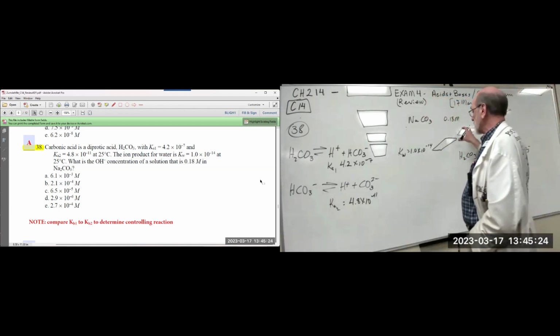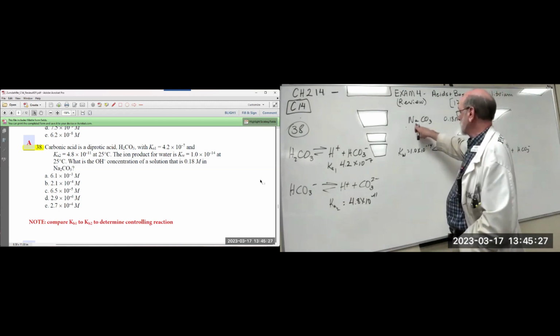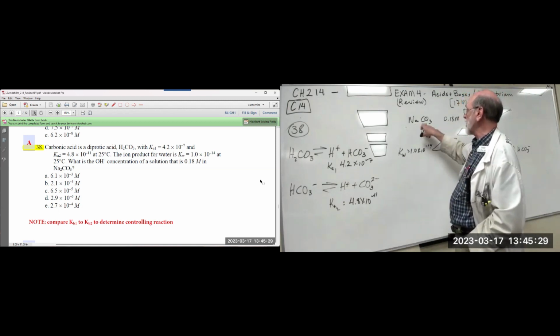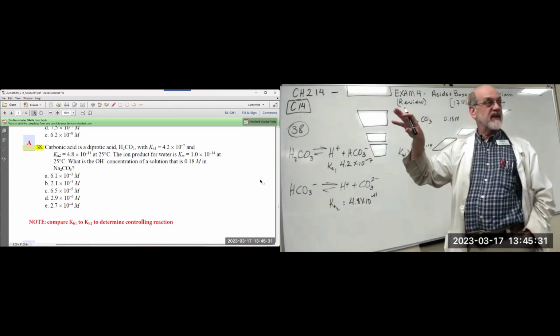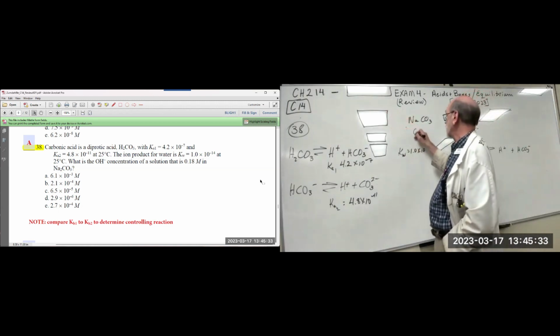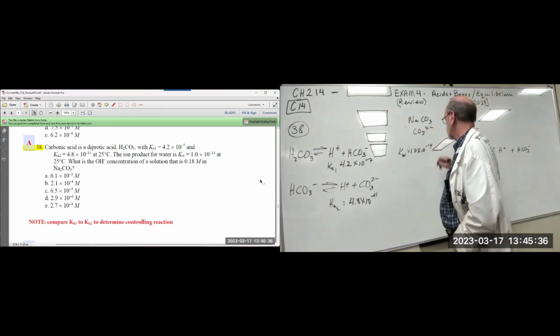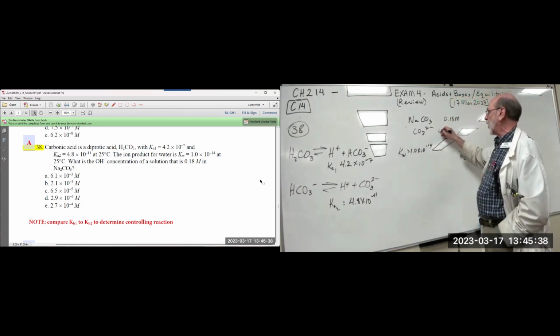When it goes into solution, it's going to produce the same concentration of carbonate. Sodium is not going to do anything. The major species here are CO3 2 minus and water.